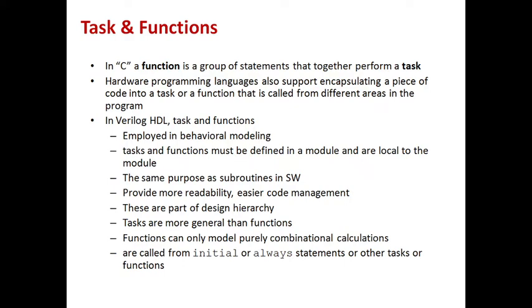Functions are mainly used for combinational realizations, which always have zero simulation time for execution, and a function provides exactly one output only. So these are some of the characteristics of tasks and functions. We will discuss them in detail in the further slides.